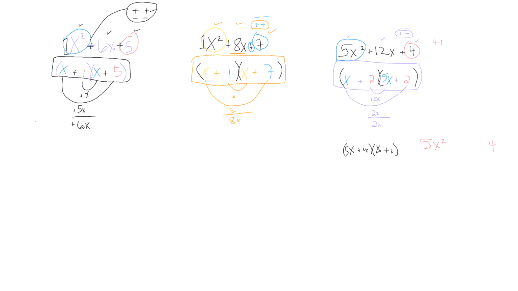And now let's check the middles. I would have 4x and 5x. And that's 9x in the middle. Not the same thing, but the factors look like they work. That's why you have to check back your answer.